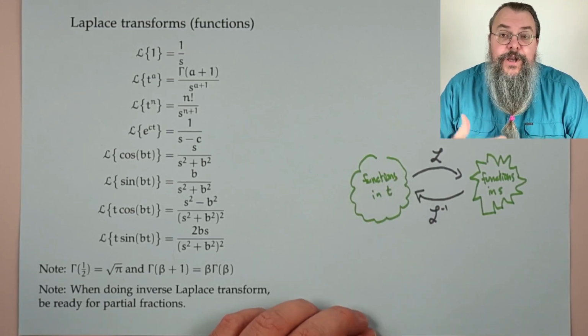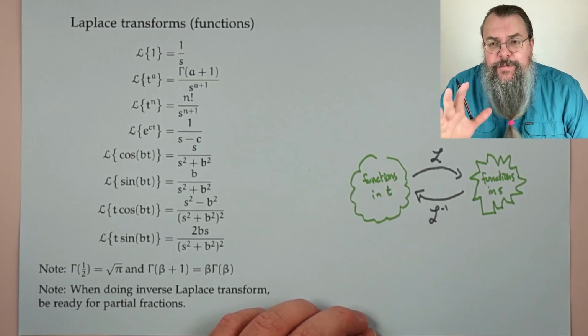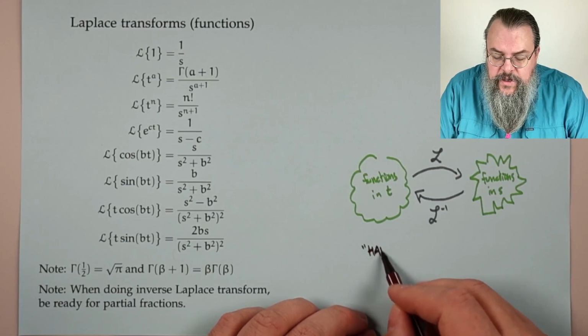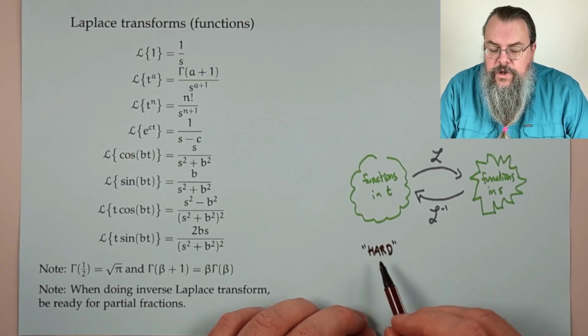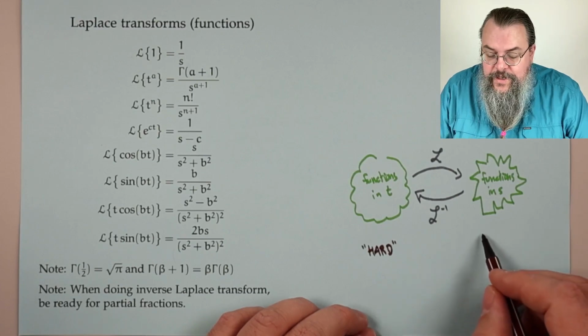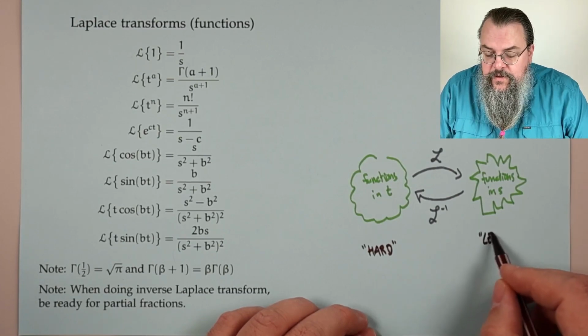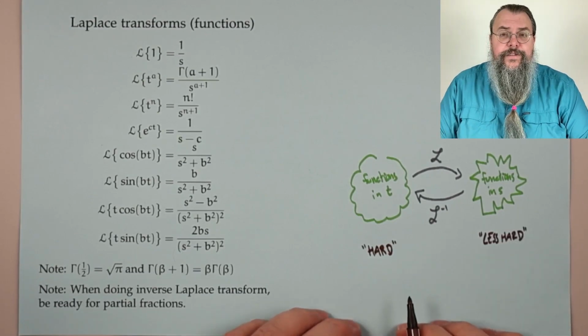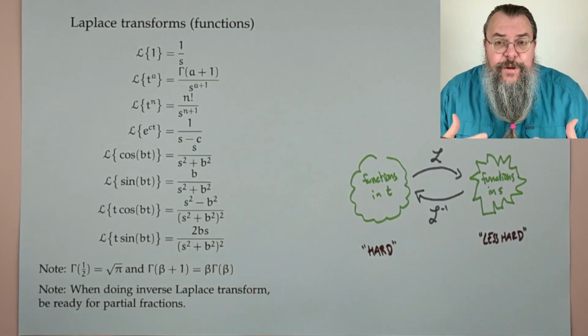It's a function in t. Solving a differential equation, it can be other things as well. And this problem is hard. But when we come across to the other side, all of a sudden this becomes less hard. I don't want to write easy, because I don't want to trivialize things. It's a different type of problem.